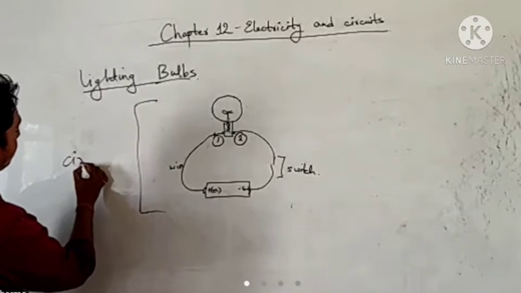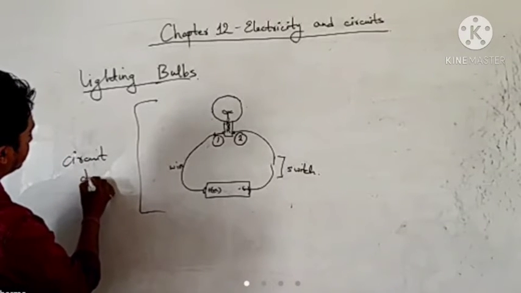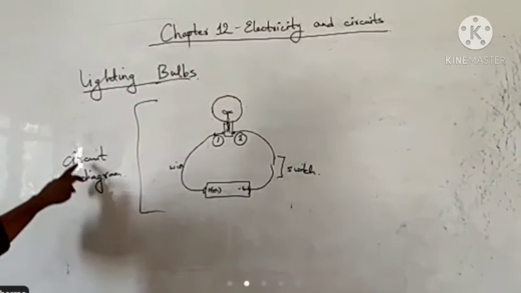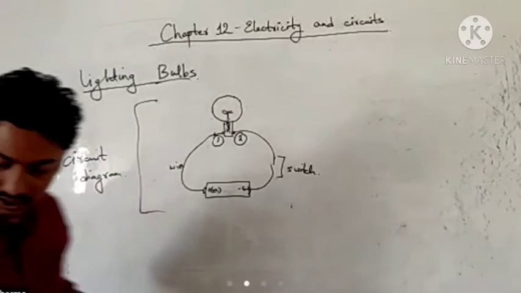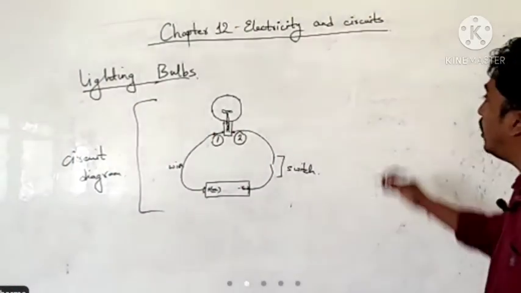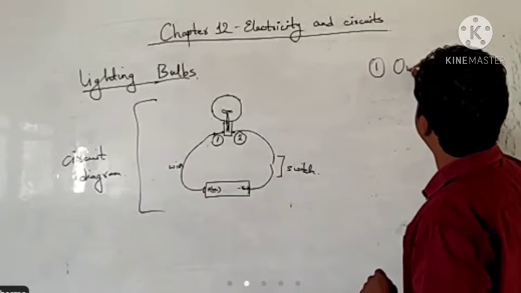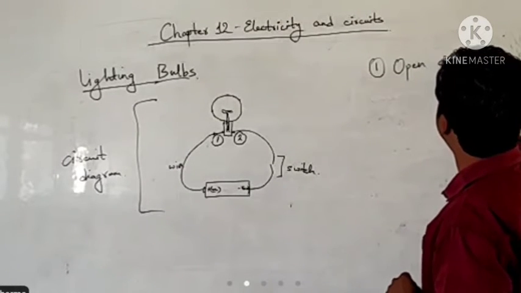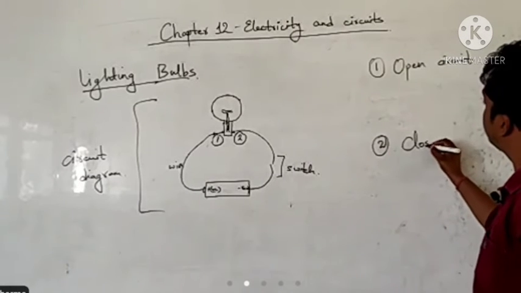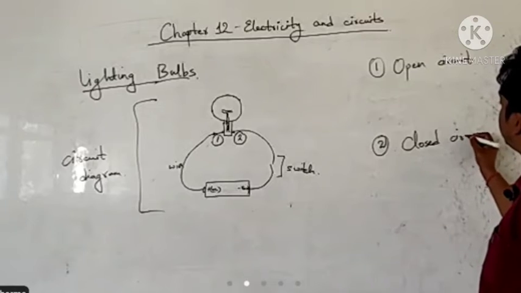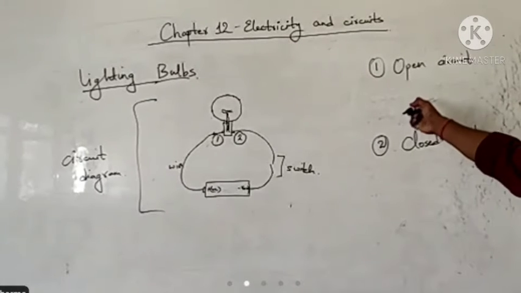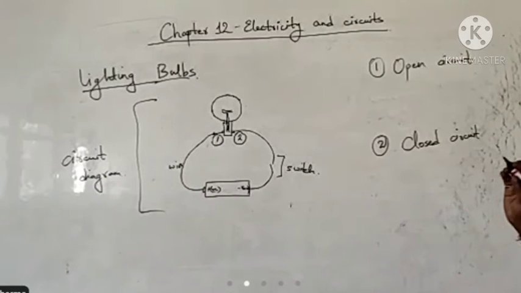In a circuit diagram, we have two types of circuits: number one, open circuit, and number two, closed circuit. So let's talk about open circuit and closed circuit here.